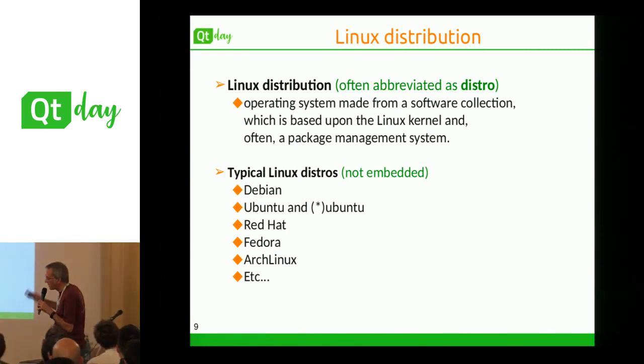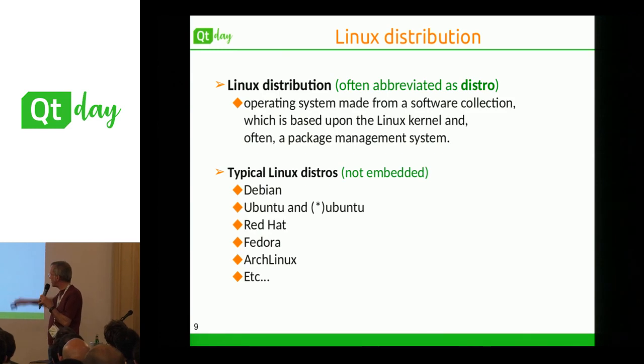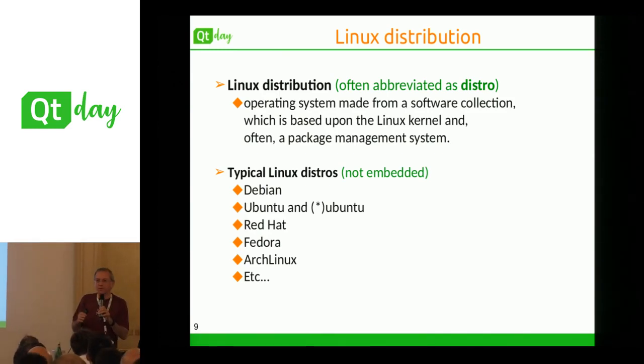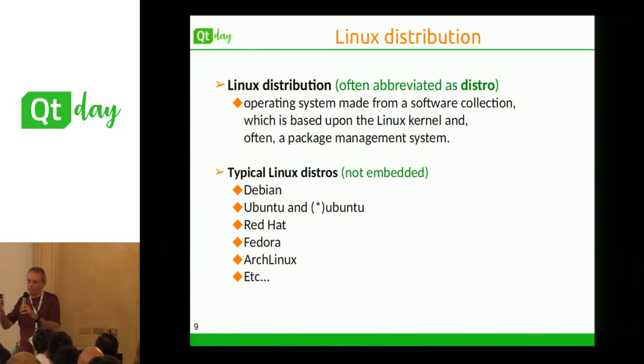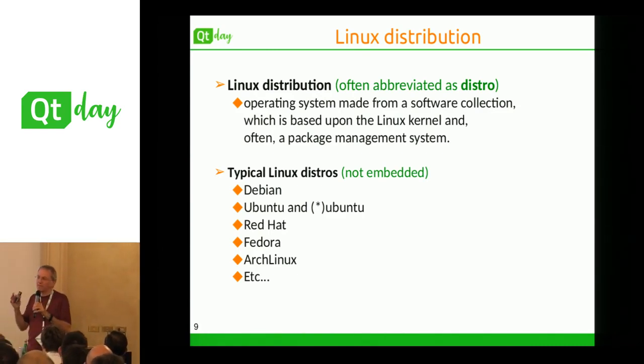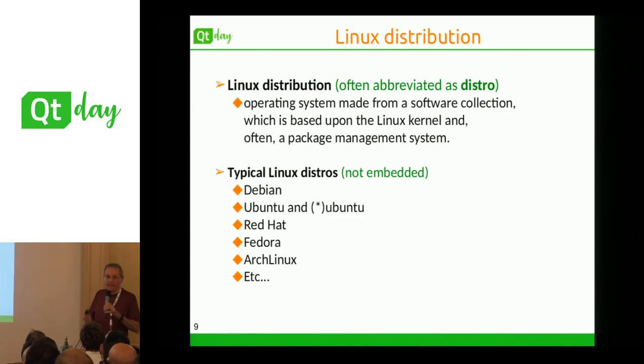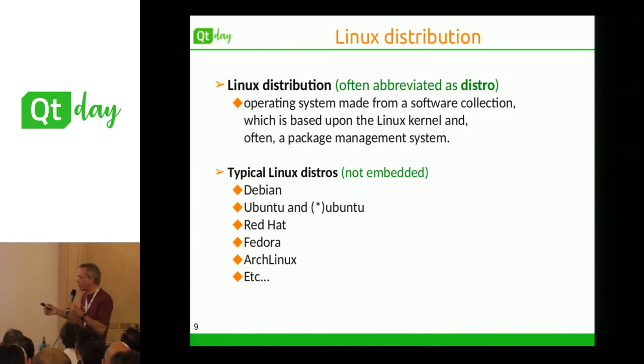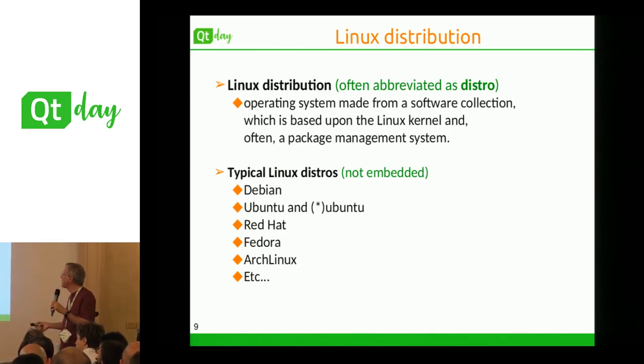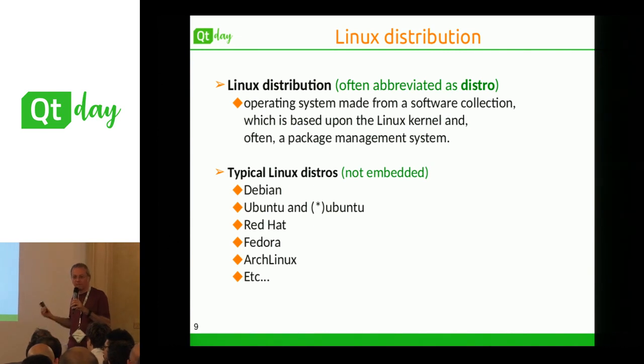The typical differences between the distributions are the set of components used to manage the graphics. And here we are entering into something that could be interesting for the Qt developer, because we can have a different weight of the libraries used for the graphical component, and so a different possibility to embed the system into real embedded hardware.